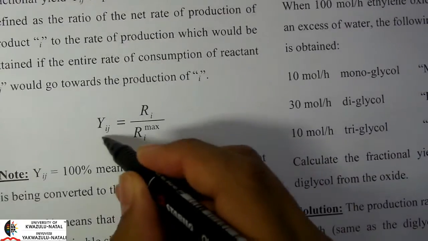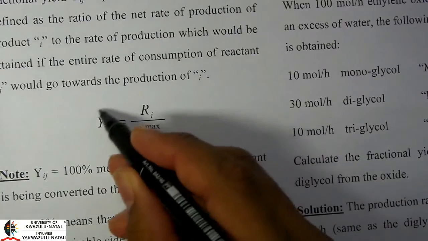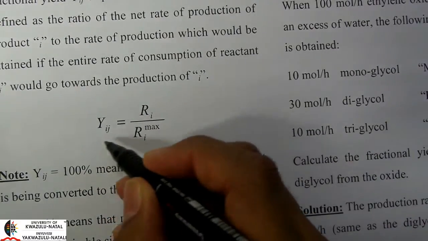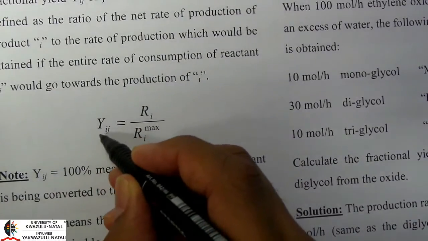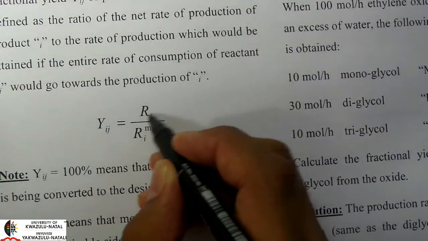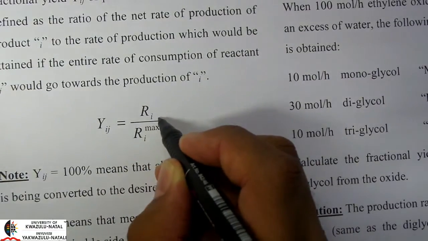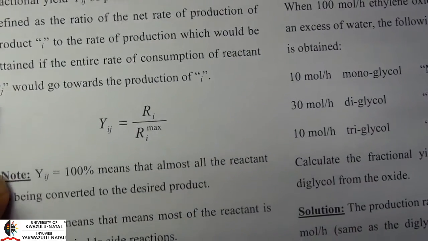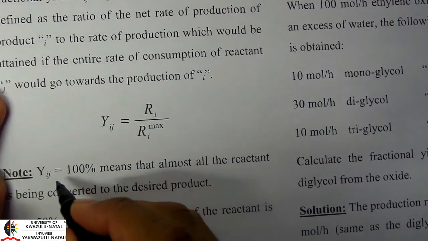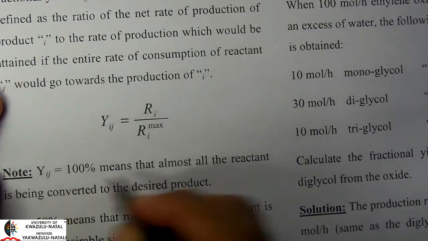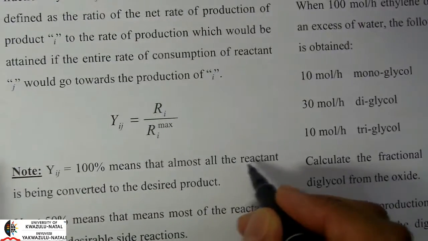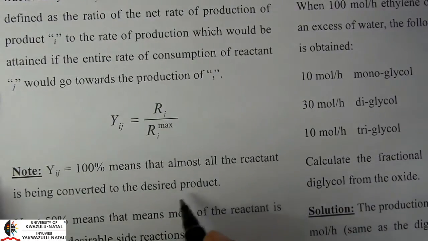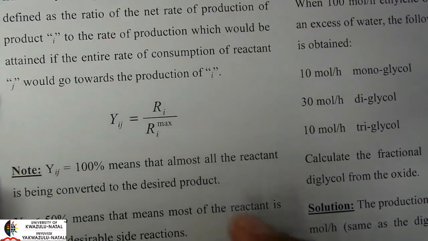So we have Yij, our fractional yield of product I from reactant J, equal to the production rate of I over the maximum production rate of I. A yield of 100% means that almost all the reactant is being converted to the desired product.